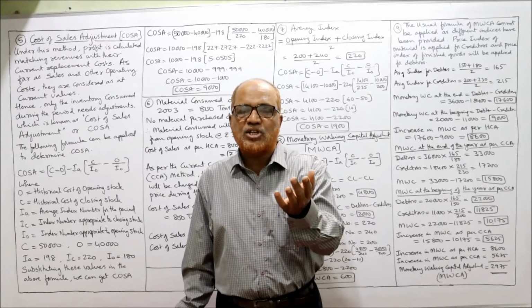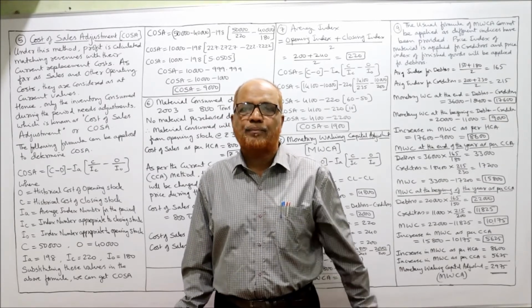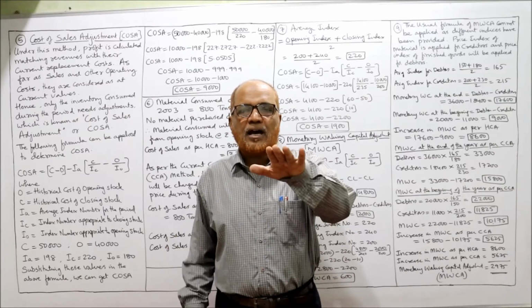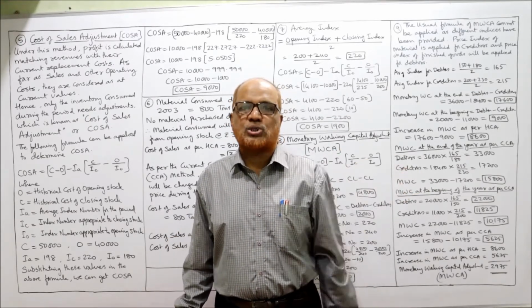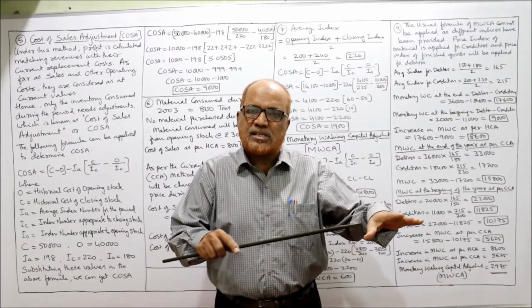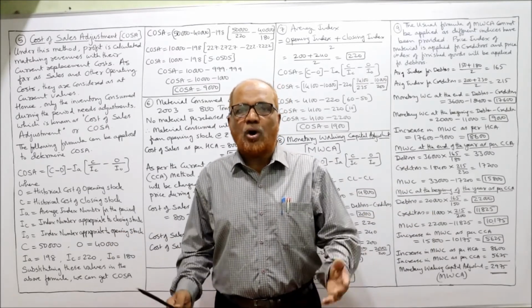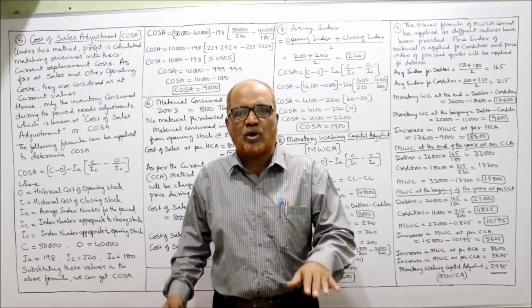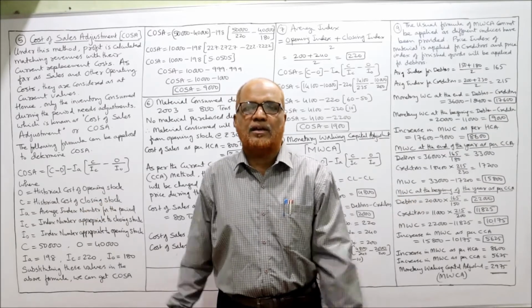The price level changes method will use the index number. So in this CCA method, we compare the current revenue with the current cost. Sales are conducted during the year and purchases were made during the year. So normally there is no adjustment regarding purchases and sales because both are conducted during the year.